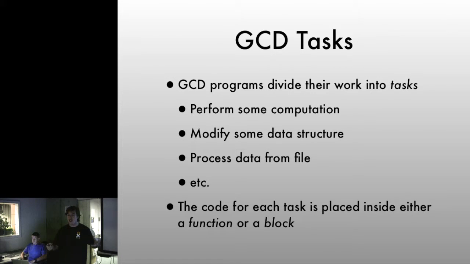Just one logical unit of execution is a task. Typically they need to be things that can be run safely in parallel, so that there are no data collisions among them. You take these sections of code and put them in either a function or a block, which we talked about with Core Animation, but I'll talk about those again as a refresher a bit later.